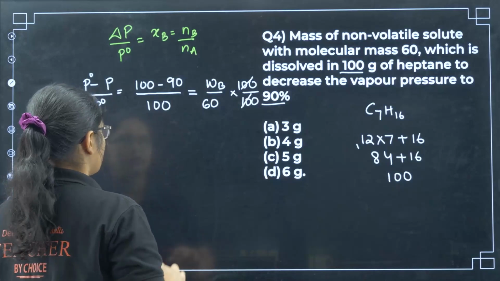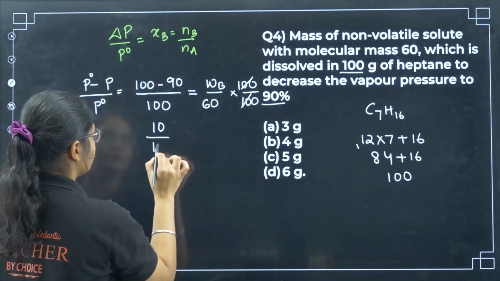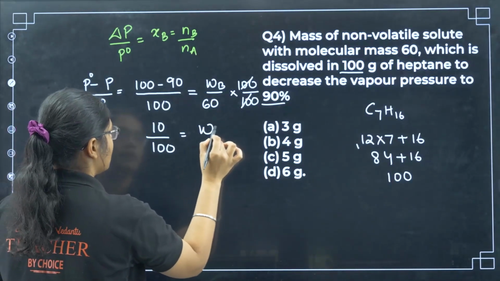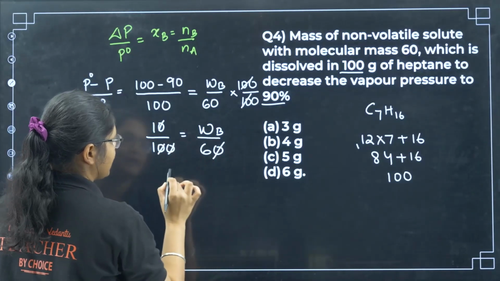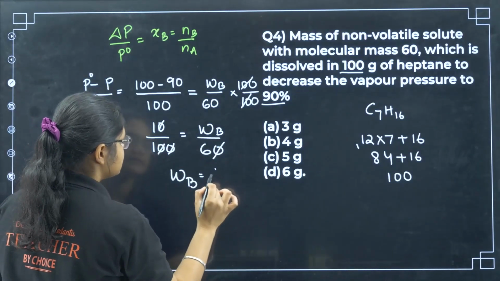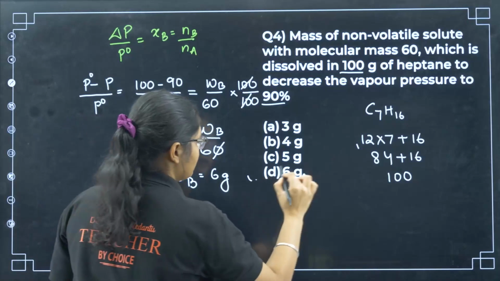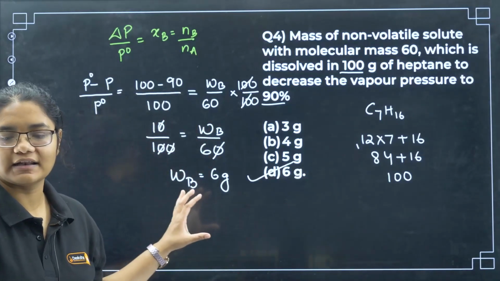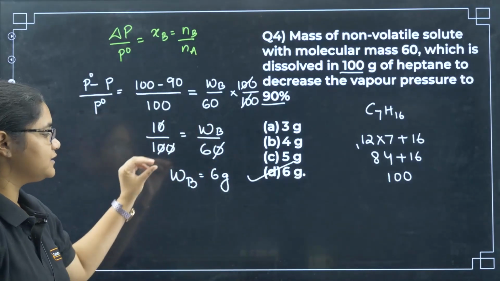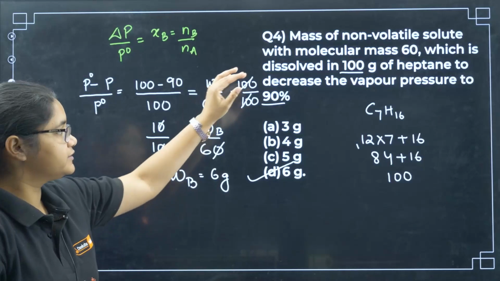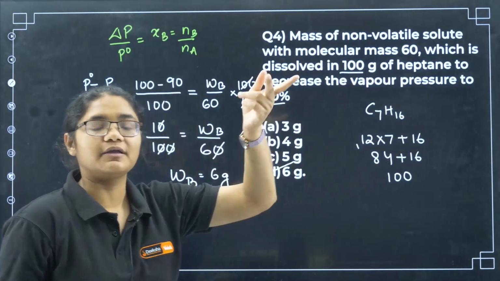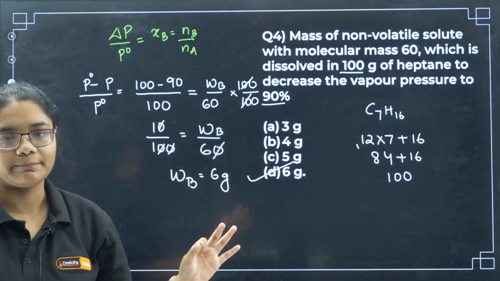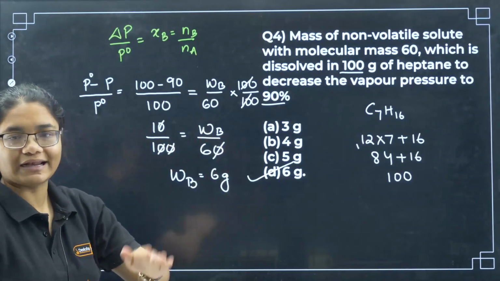So I will get 10 by 100 equal to WB by 60. What is the mass required? 6 grams. So I have option number D here. That means if I add 6 gram of this non-volatile solute to 100 gram of heptane, the vapor pressure will decrease to 90%.